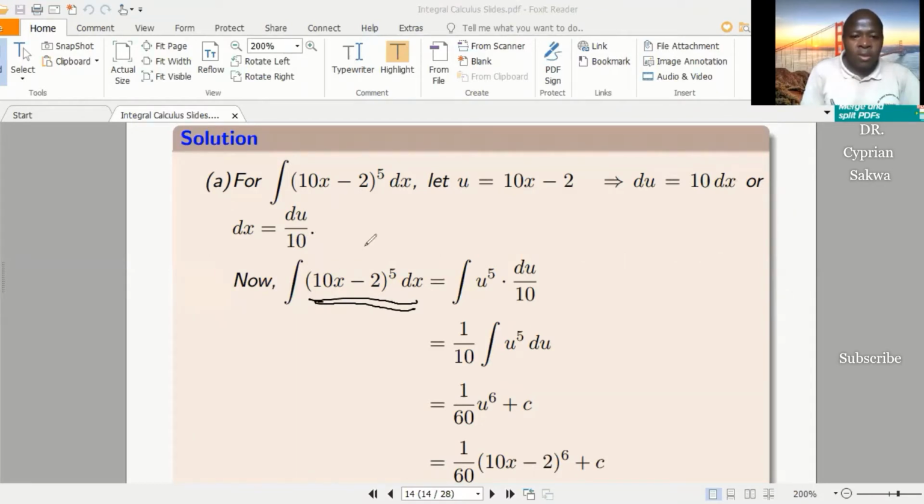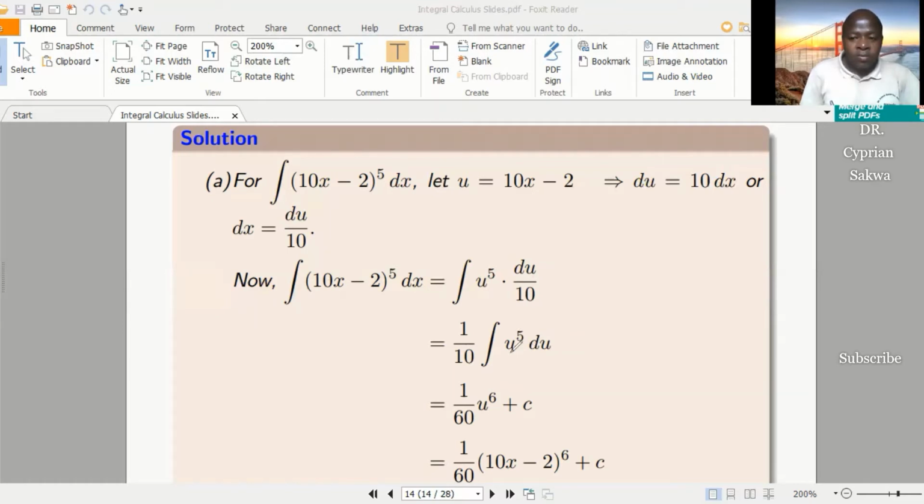Now we are ready to integrate. You come back to your question, which is here, and instead of this, write u and raise it to 5. Instead of dx, write du out of 10. Then take the constant after the integral sign, 1 out of 10, integral of u raised to 5 du.